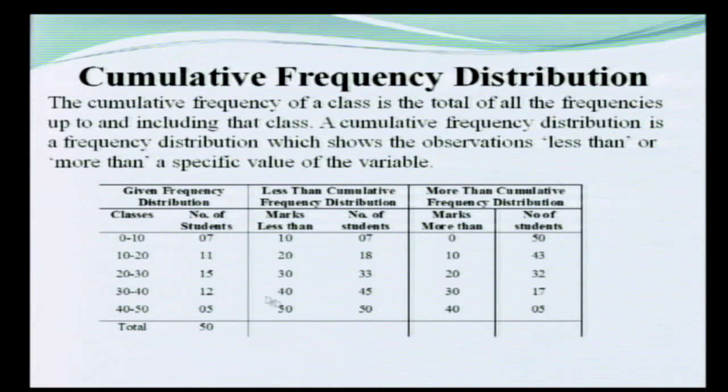Then for the second class we subtract 7 from the total, and the more than cumulative frequency will be 43 for the second class, and similarly it reduces up to the last class, whose frequency will be 5. So this is the cumulative frequency distribution.